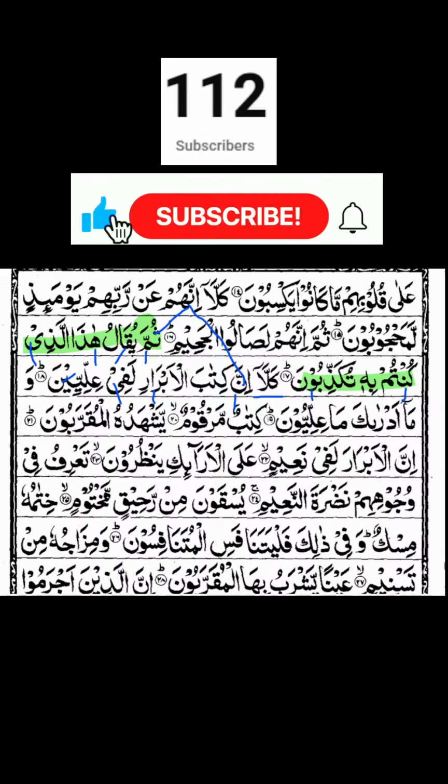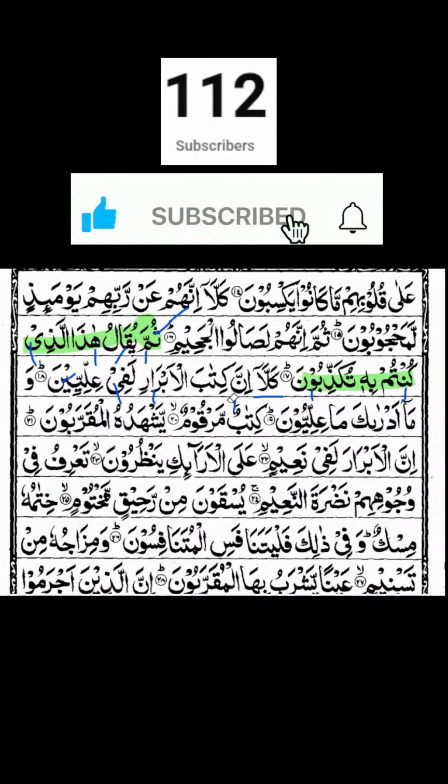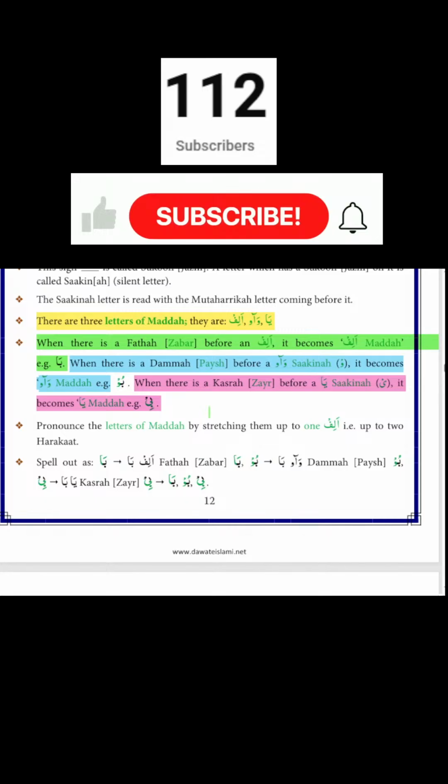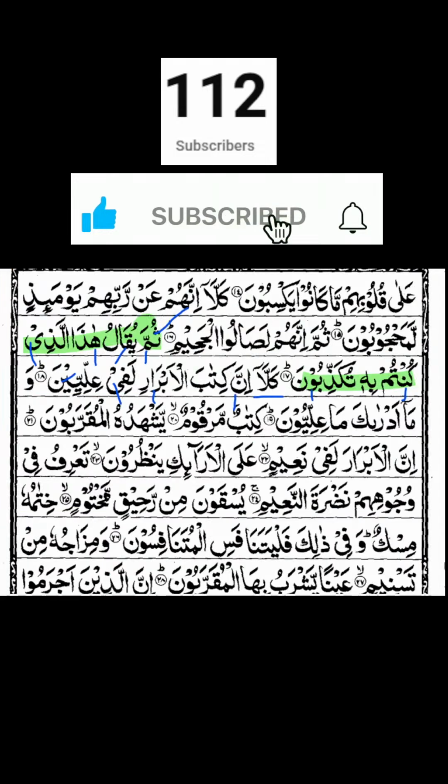Kalla in kitab al-abrari. We have to discuss this one. As you can see, alif is there, so we are stretching alif. Reason is that alif madda is here. The definition of alif madda: when there is a zabar before an alif, we have to stretch it. So that's why we are stretching abrari.